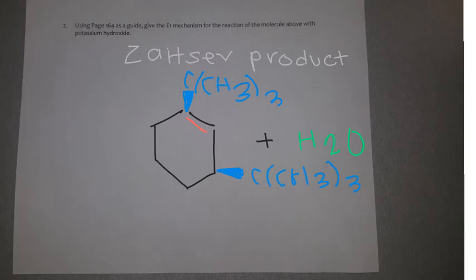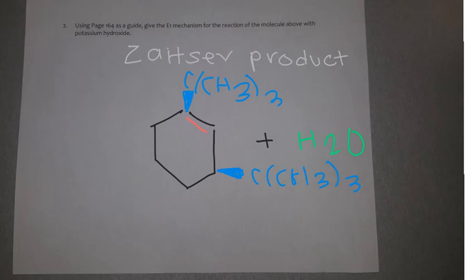Just to summarize, what did you say about the E1 again? E1s will always form Zaitsev products, and Zaitsev products are the major products that get the hydrogen from the most substituted beta carbon.